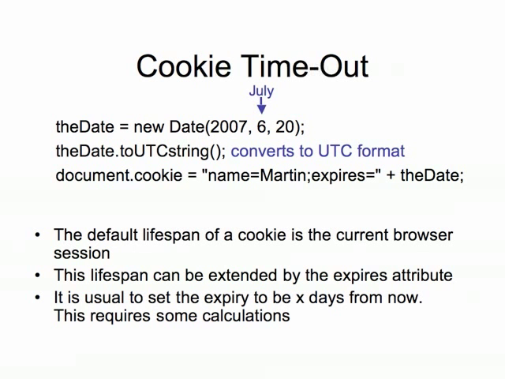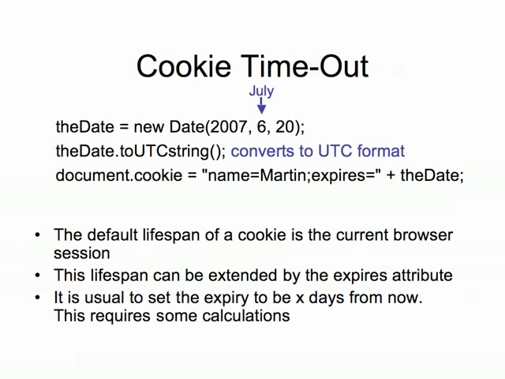So we have theDate.toUTCString(). This doesn't take any parameters, it just operates on the variable theDate. So now the date is actually in universal time, which is a longer format. You could, if you wanted, output the date at this point just to see what it looks like.